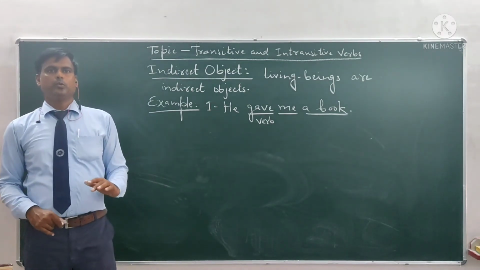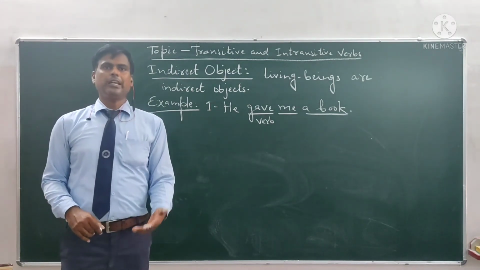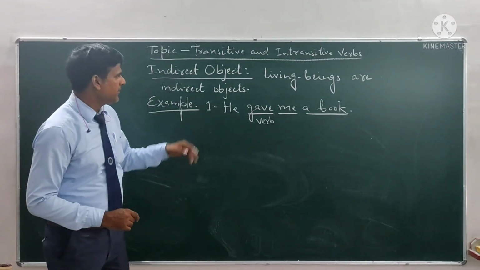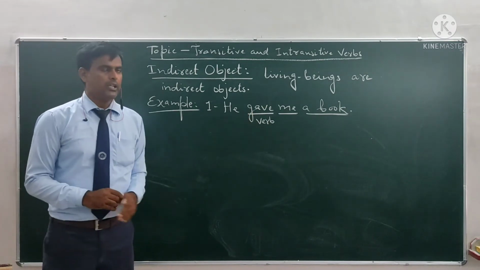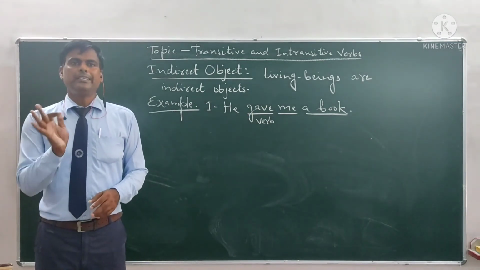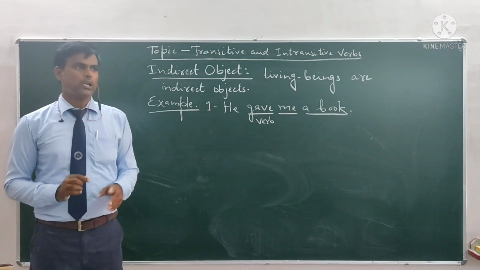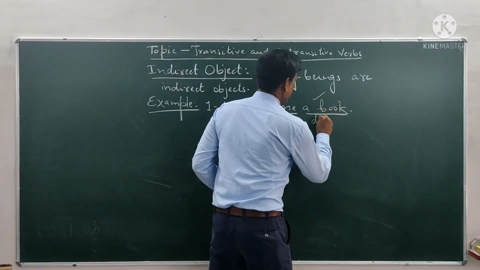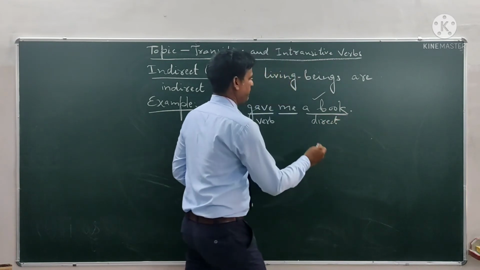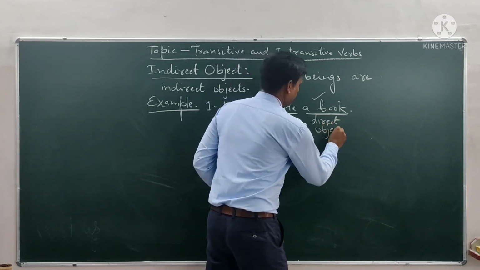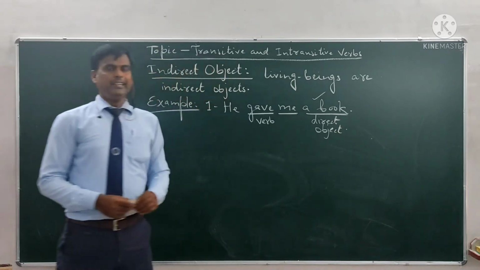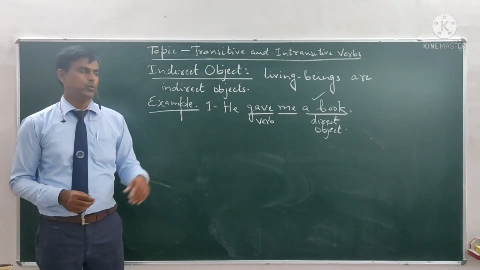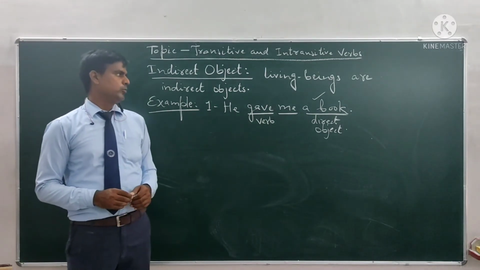As I told you, we can find out the direct object by asking the question what. He gave. What did he give? The answer is a book. It means this is the direct object. And we can find out the indirect object by asking the question with the help of who or whom.